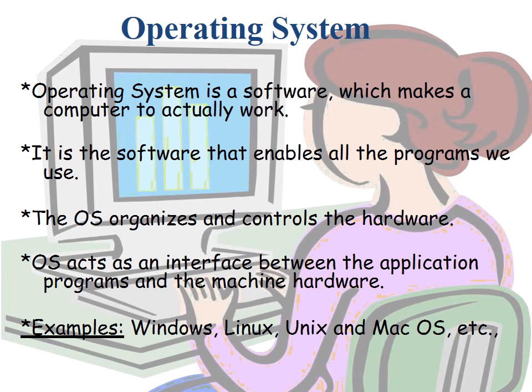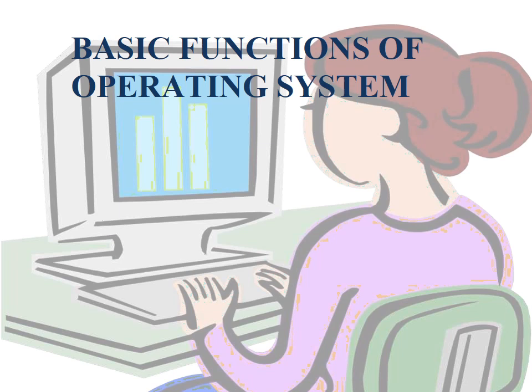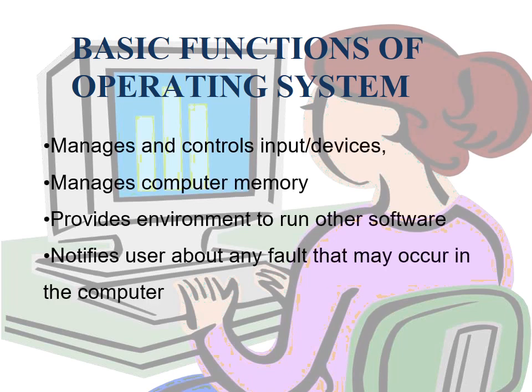For example, we all have a main door of our house and someone has knocked the door. Until and unless we open the door, the person and you will not be connected. Similarly, until and unless we enter an operating system, we will not be able to use other programs on the computer.